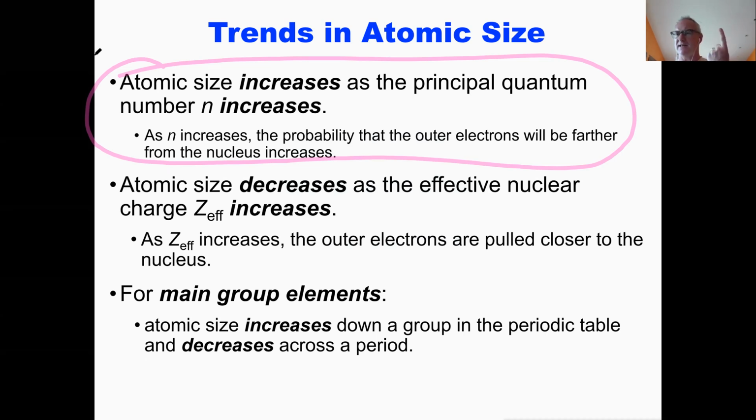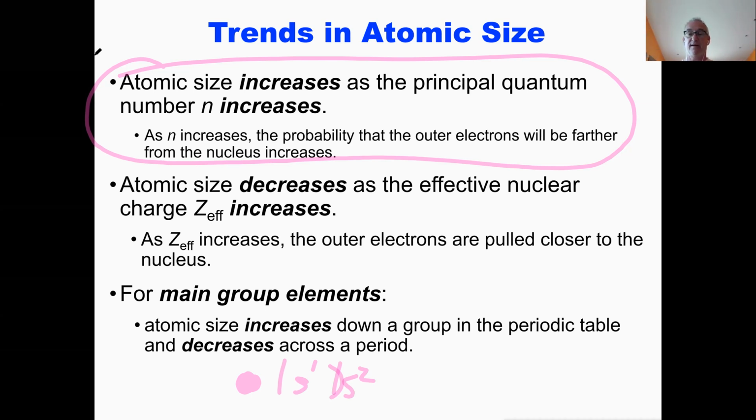Well, duh, that kind of makes sense, right? If we have an element that just has electrons in the first shell, either 1s1 or 1s2, when we add a new shell on top of that, that's going to be bigger. That's a no-brainer, right? As we add a new shell, the element's going to get bigger and bigger.